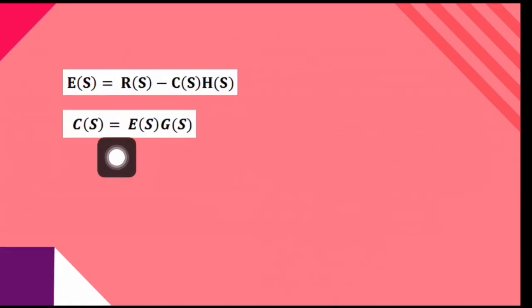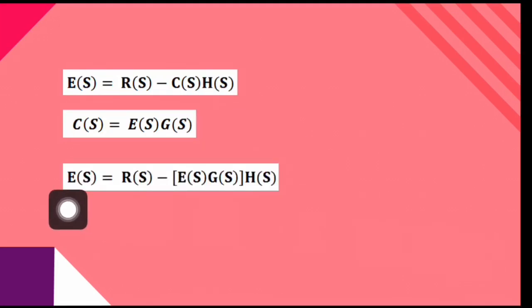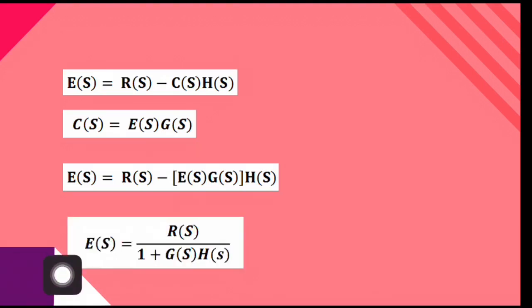It is written here, C of s is equal to E of s into G of s. Now replace this C of s in the expression of E of s. So we get E of s is equal to R of s minus E of s G of s into H of s. By rearranging this, we get E of s is equal to R of s by 1 plus G of s into H of s.